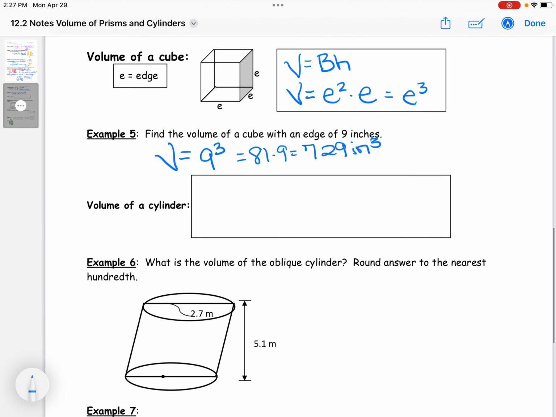Okay, and then our cylinder is still the same formula, but the base is pi r squared. So basically, the volume is pi r squared h.